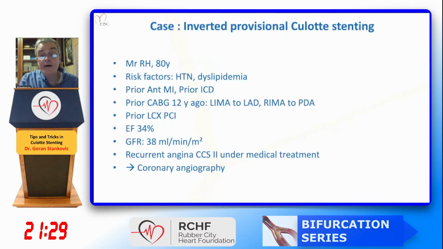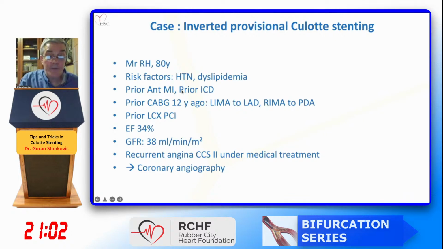And one more recent case of, again, inverted provisional culotte: an 80-year-old gentleman with risk factors, prior MI, prior CABG. He has reduced LV function as well as GFR, but he had class 2 angina under full medical therapy and was submitted for coronary angiography.